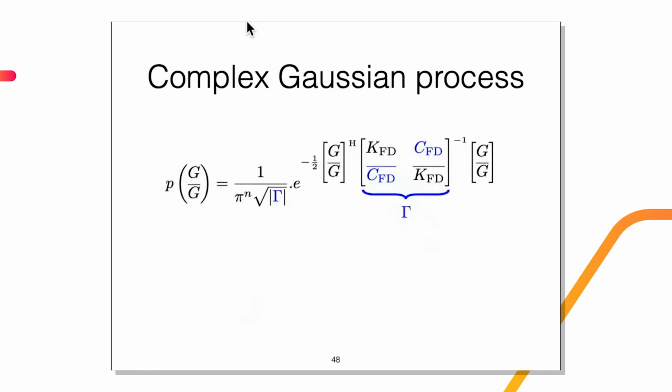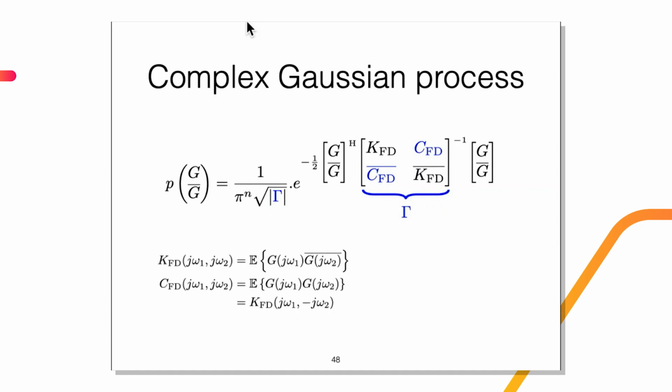We call it the gamma, the augmented covariance matrix. So concerning this C, it is called a relation matrix, and it's actually for transfer function related to the covariance matrix itself, because G is symmetric with respect to 0. But that's just a technical detail.